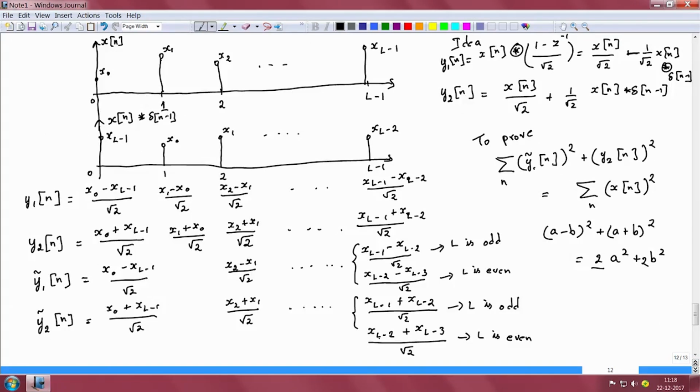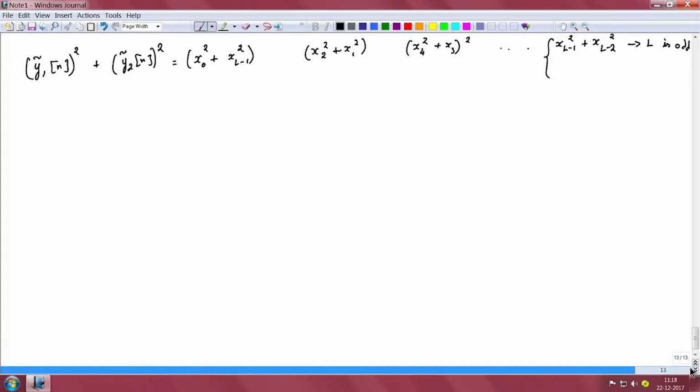It has contributions of x L minus 2 and x L minus 3. So, we have x L minus 2 whole square plus x L minus 3 whole square for L even.